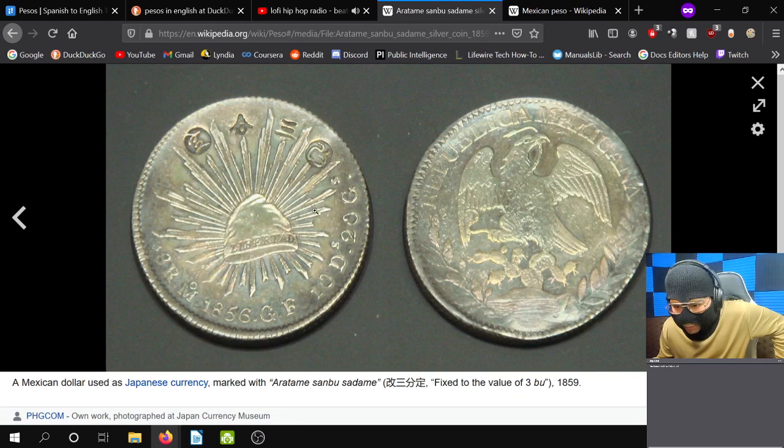So yeah, you even have that very similar Chinese character of 3, and Romanized.